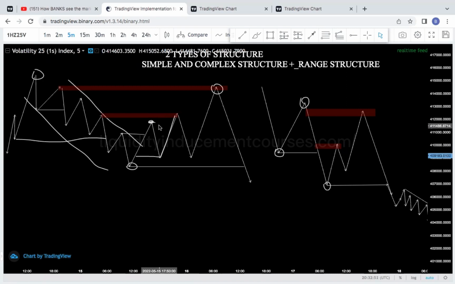If you understand what I said earlier, that liquidity rests above and below every lower high and lower low, or higher high and higher low, it's just that there may be expected liquidity or respected liquidity, major liquidity or external liquidity, but the liquidity is everywhere in price. All the highs and lows have liquidity.